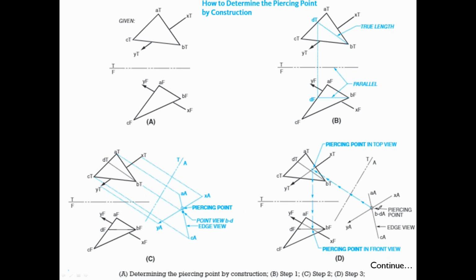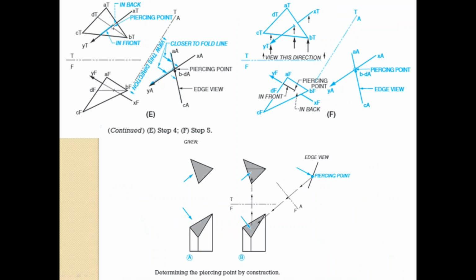So with your piercing point, project them back to get where the piercing point is in the top view, and then do the same thing, project them down here to get the piercing point in the front view. Once the piercing points are established, you can continue to find out which one is on top, based on which one is closest to the fold line first.